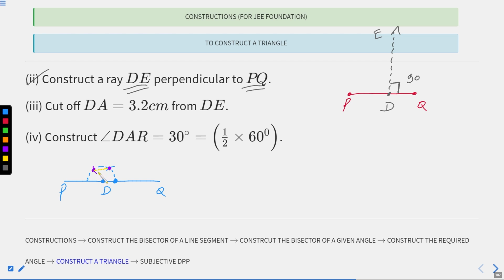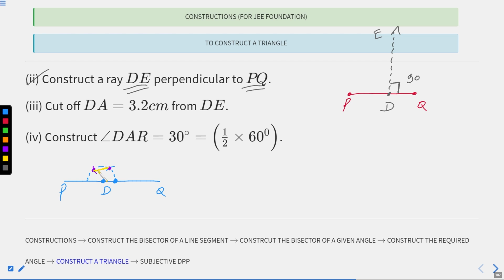the line segment joining these two purple colored points. Using the compass, make an adjustment and take a radius more than half of the length of this yellow line segment.